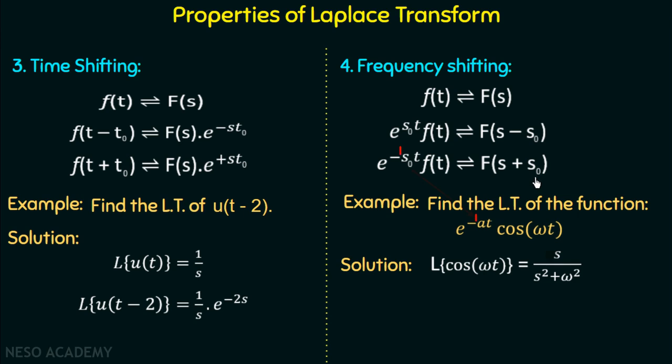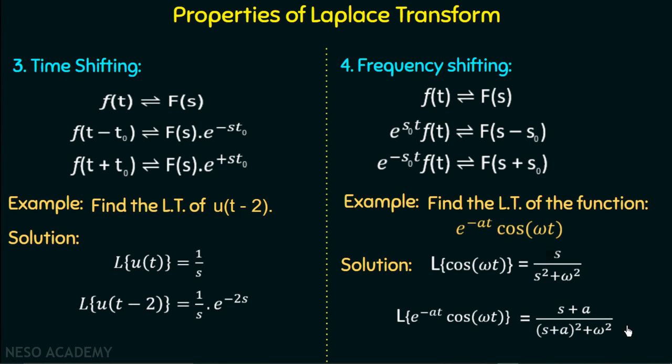And in this case, s naught is equal to a. So we need to replace s with s plus a. So we will have the Laplace transform of e to the power minus at cos omega t equal to s plus a over s plus a whole square plus omega square.